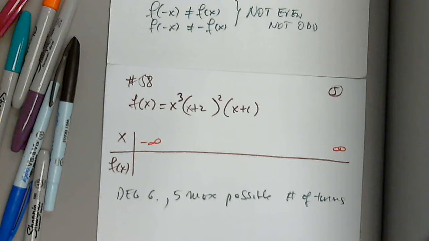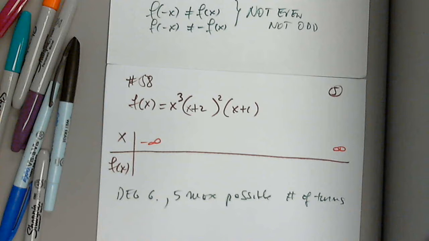Now let's think. Since the degree is 6, the end behavior will be similar to the behavior of which simple function we know? Quadratic. Is it this with a positive leading coefficient, or is it this with a negative leading coefficient? Positive. It's very clear. X is positive, x is positive, x is positive.